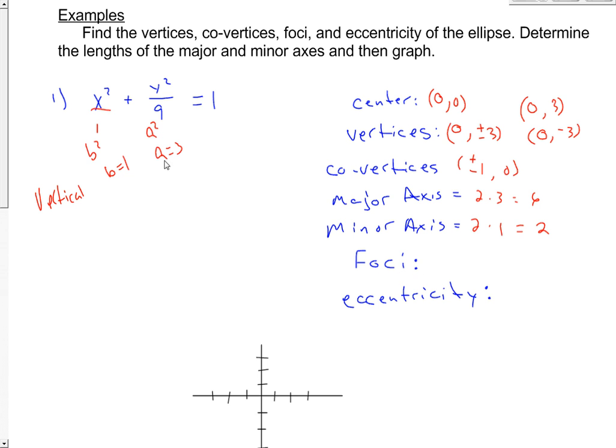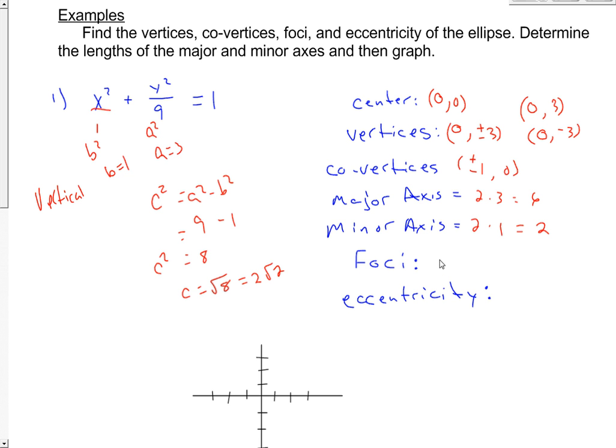The foci, I need to do some work here. I have to take c squared equals a squared minus b squared. a squared is 9, b squared is 1, so that is 8. So c squared equals 8, which means c equals the square root of 8, which is 2 times the square root of 2. So for my foci, again, they're going to be along with the longer length of the ellipse.